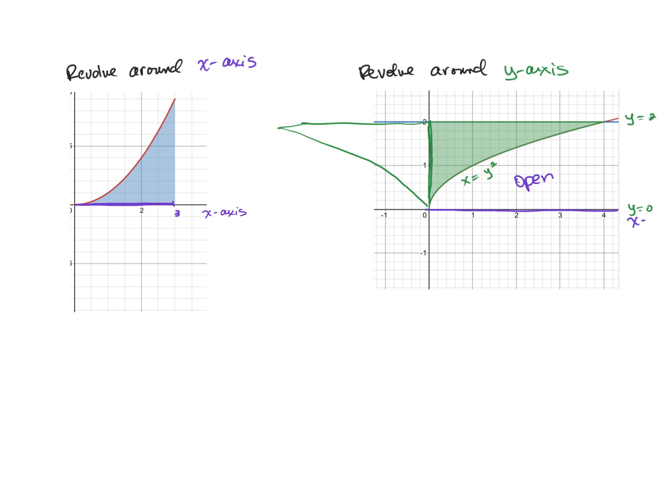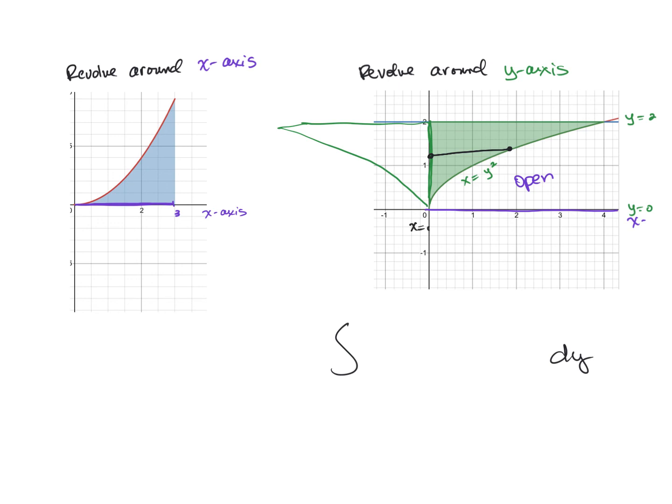Since we're revolving around the y, then we're going to integrate with respect to y, dy. So the radius of our circles, or our discs, are going to go from the line x equals y squared down to x equals 0.